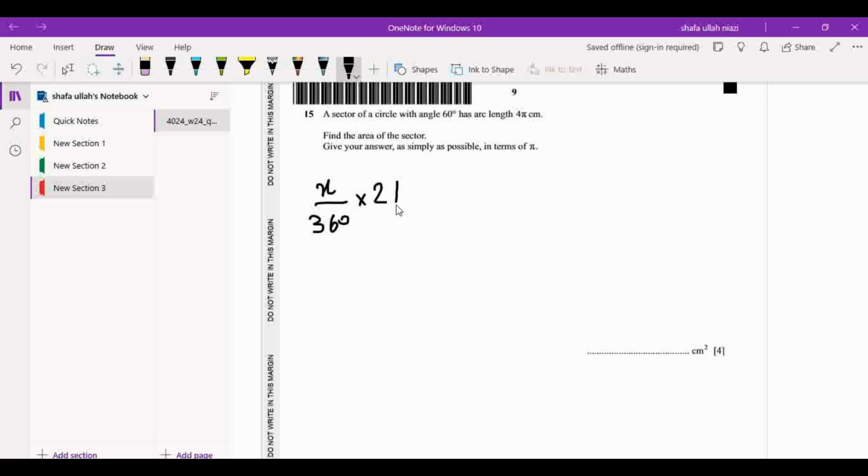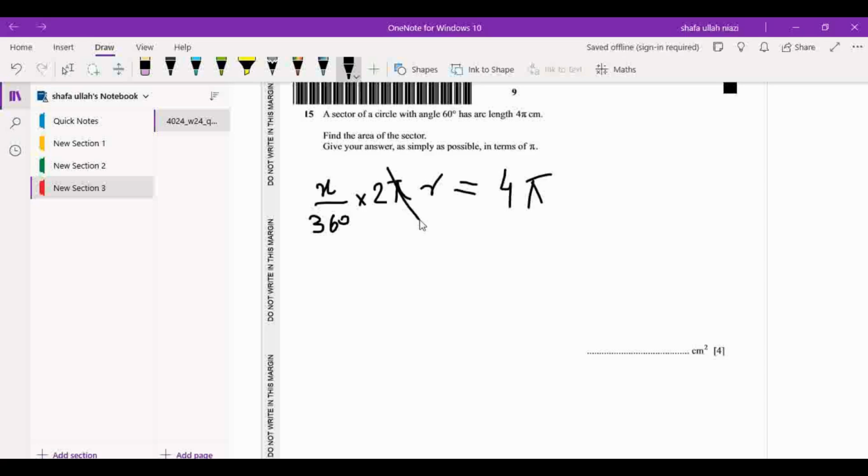This is the formula for the length of arc, where x is the central angle and r is the radius, and this is given as 4 pi centimeter.